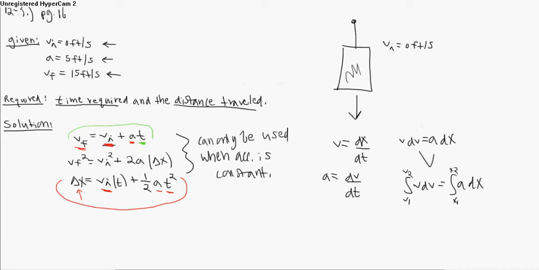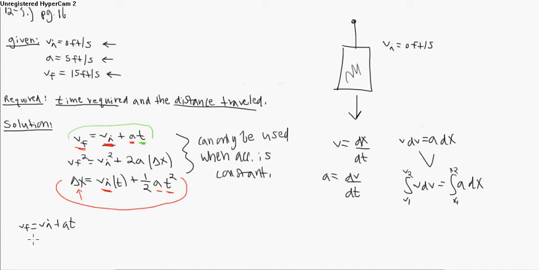I'm going to go ahead and solve this. I'm going to just copy what my notes say. Whenever I was doing this, I did velocity final equals velocity initial plus acceleration multiplied by time.